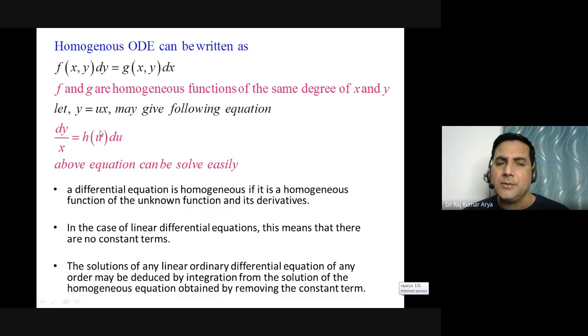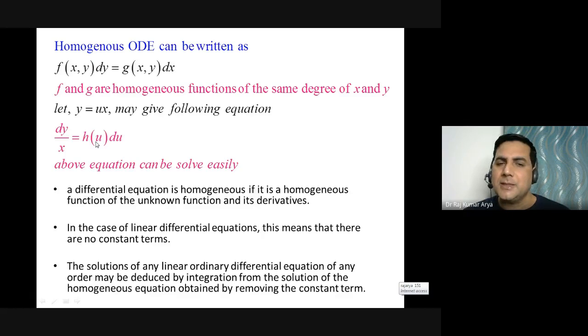Here you can write y equal to ux, and then you get a function that is completely a function of u. This side you have one variable u, so you can easily integrate, right?